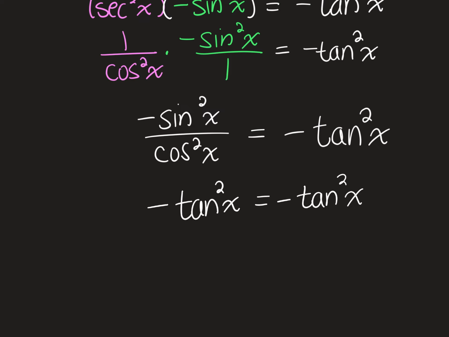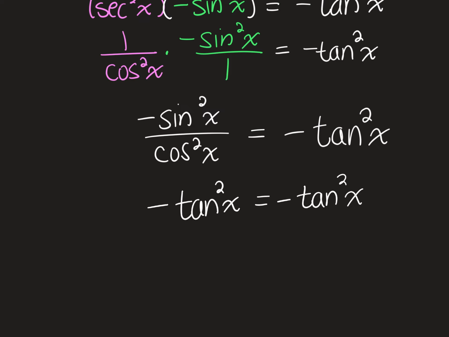So let's say I have this. Secant times cosecant equals tangent of x plus cotangent of x. So now you might look at this and say, well, I don't really know which side is more complicated than the other.